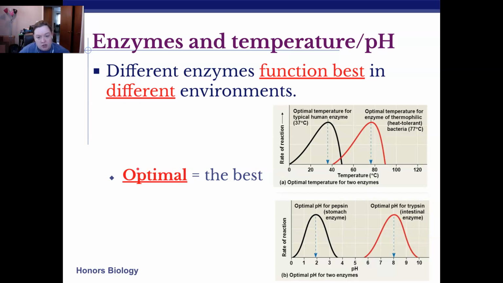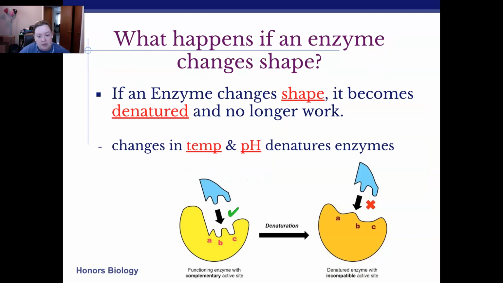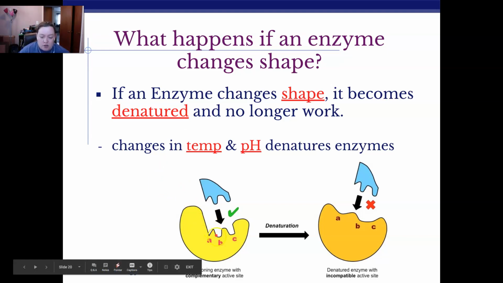However, if we change that condition, enzymes can change their shape. When an enzyme changes shape, it's called denaturing. They can no longer do what they're meant to do. So if we change the pH or we change the temperature, the enzyme changes shape. So let's look at this. Here's our enzyme. It has our special shape.